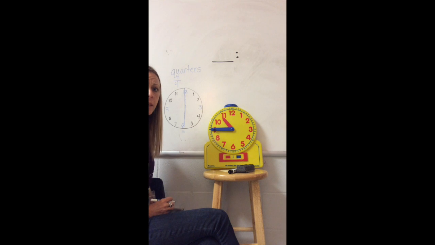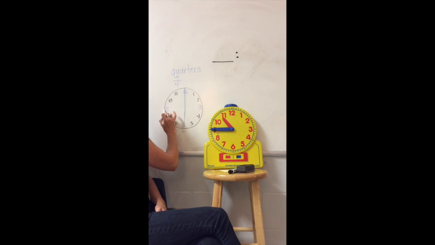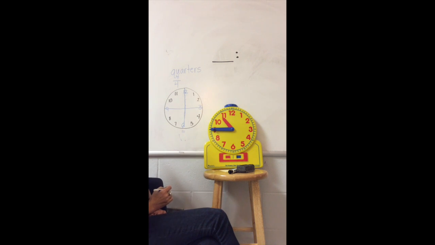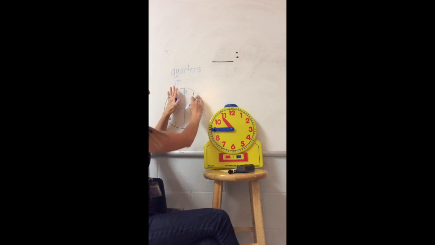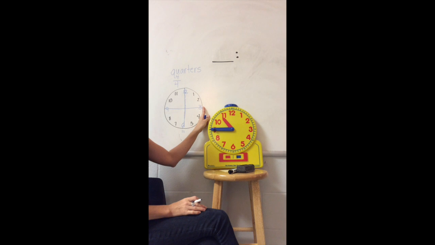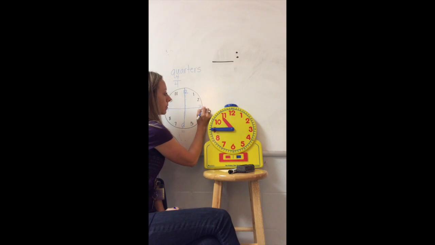If I continue to break these halves into fourths or quarters, I'm going to split the clock this way as well. Now, if I split 30 into half, what's half of 30? Because that half is going to be over here. 15.